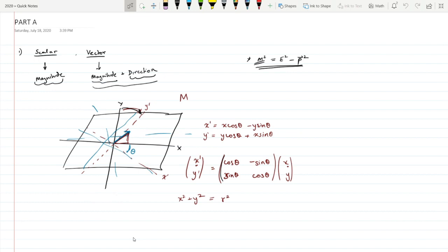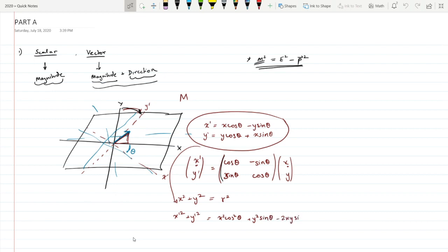And if I ask what this looks like in the new coordinates, that would be here. If you look at this particular equation and I substitute that in here, you have x squared cos squared theta plus y squared sine squared theta minus 2xy sine cos.